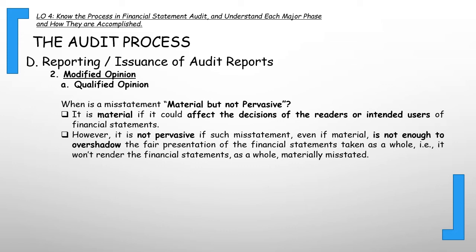Then kapag meron namang, let's say, sa trade and other receivable, so let's say included dun sa trade and other receivables mo yung advances to supplier account, then merong may misstatement na involved na amount na more than say 10% ng total trade and other receivable, so misstatement yun, material yun for purposes of Securities and Exchange Commission.